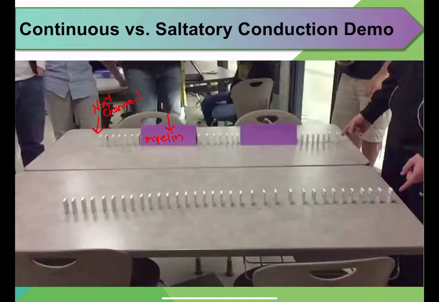So this here represents a myelinated neuron, and this here represents an unmyelinated neuron. Okay, unmyelinated, excuse me. So what happens is this represents the numerous amount of dominoes, of sodium channels this unmyelinated neuron has, whereas here you can skip and hop over these areas of myelin, and you will see which one results in a faster reaction.